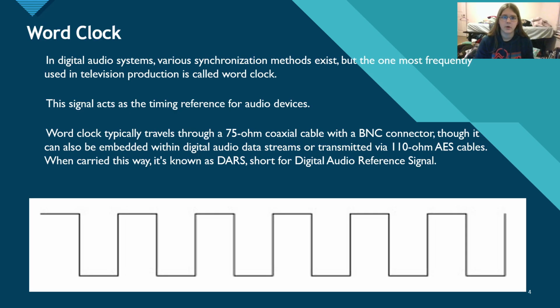It's either a 1 or a 0 as far as a digital system is concerned. And it can be moved over 75 ohm coax cable or 110 ohm AES cable, where it is known as DARs, or digital audio reference signals. It can also be embedded directly into your digital audio stream, which can be very valuable in applications where you might not want to run additional cabling for each and every device.